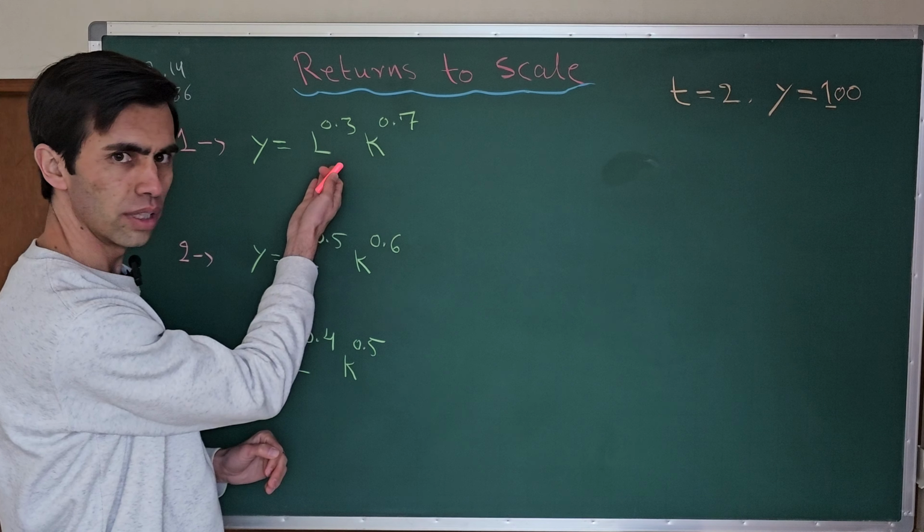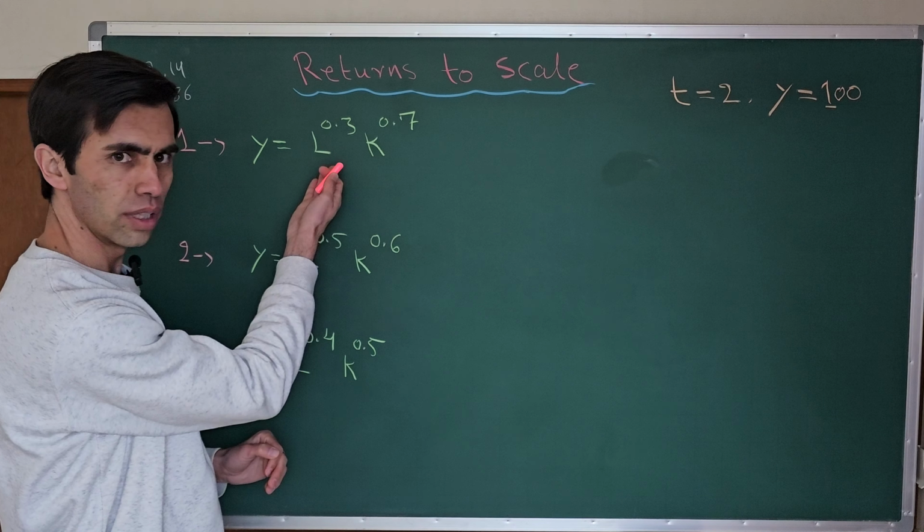So in the case of the first Cobb-Douglas production function, we have constant returns to scale, because our output level increased by exactly the same amount that we scaled up all inputs within this Cobb-Douglas production function.